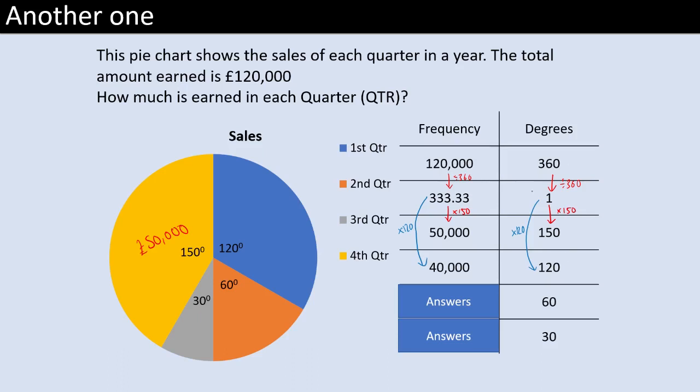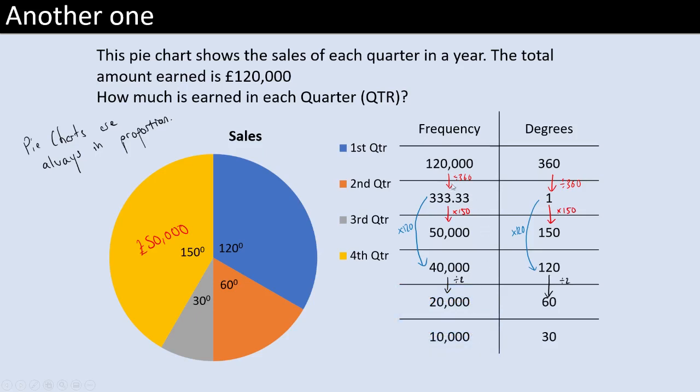Because pie charts are always in proportion. So I could go from 360 to 120. Or I could go from 120 to 60 by dividing by 2. And I can use these little shortcuts just to help me out along the way and do things perhaps a little bit quicker.